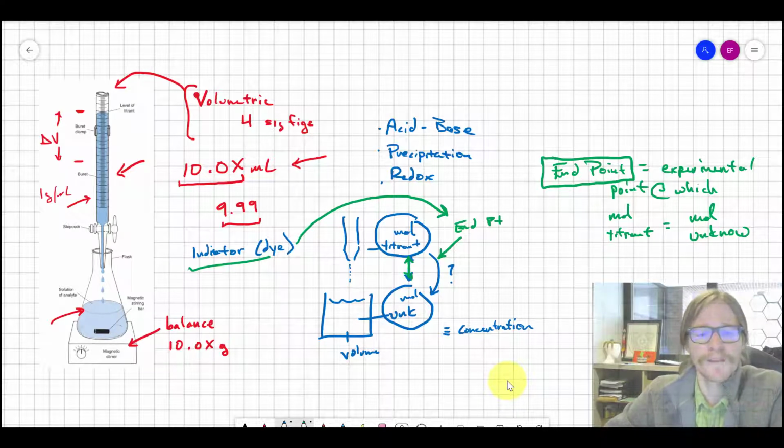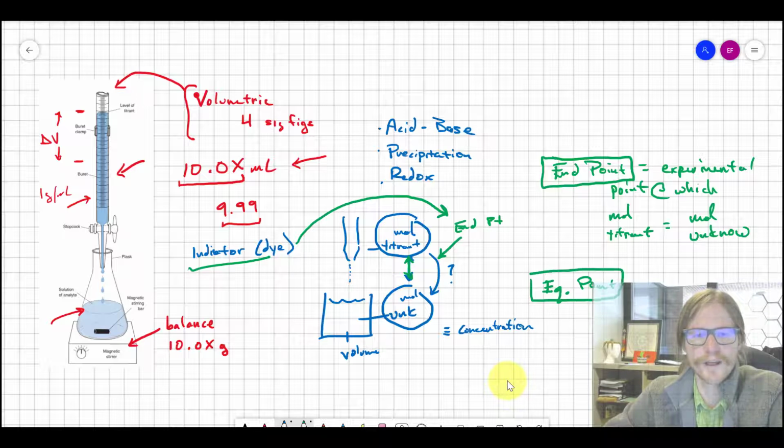occurred. The equivalence point, which I'll truncate as EQ point, is very similar but different in that the equivalence point is the theoretical amount of titrant when this condition is true. And you can imagine them being slightly different, right?